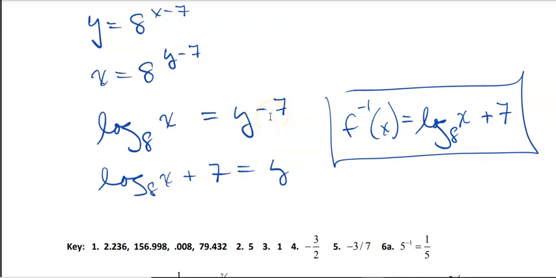Now, you want y by itself, so you're going to have to add 7 to both sides. That gives you your new y, and then switch it so that it's inverse function notation equals log base 8 of x plus 7.